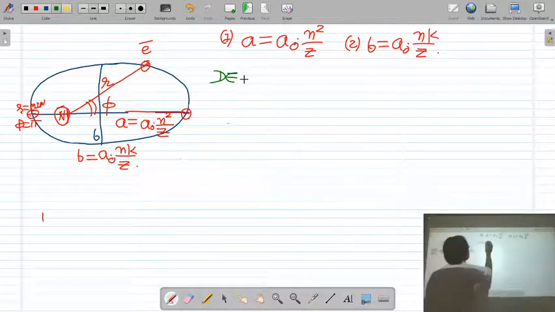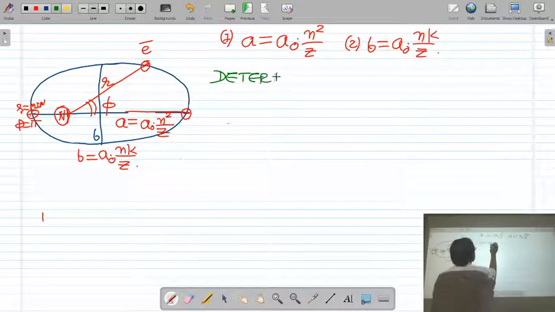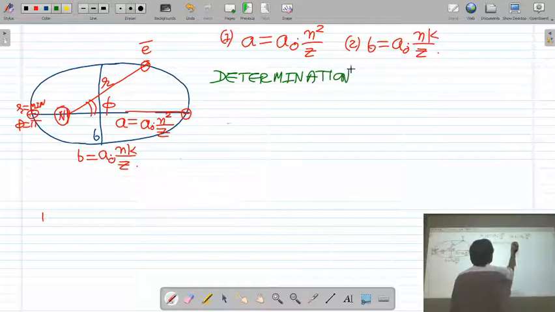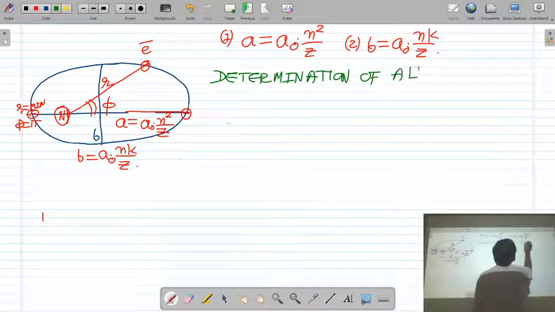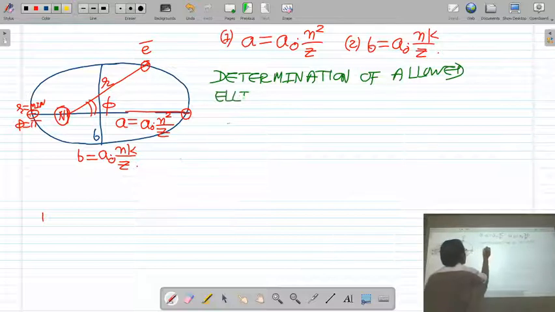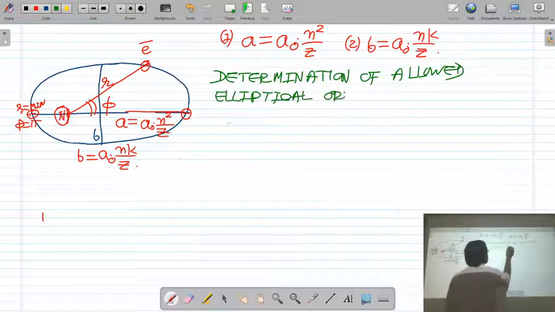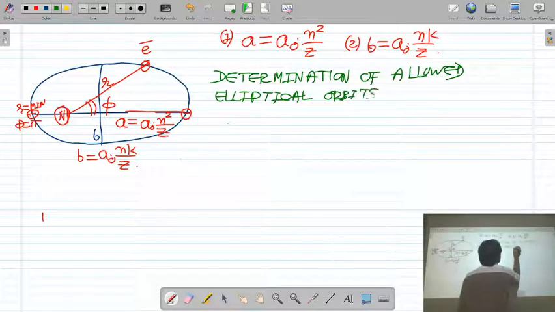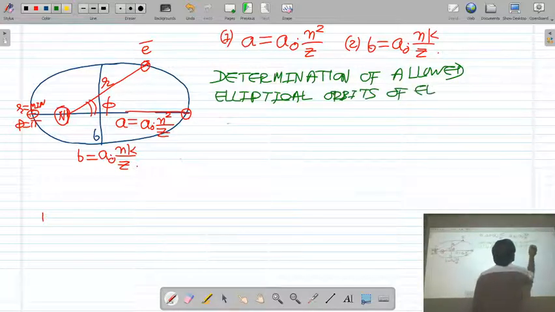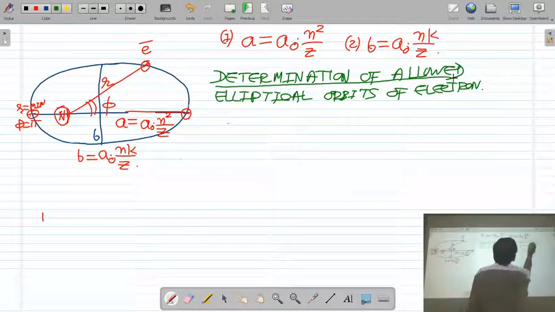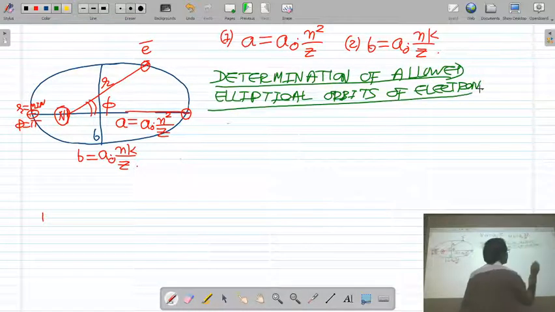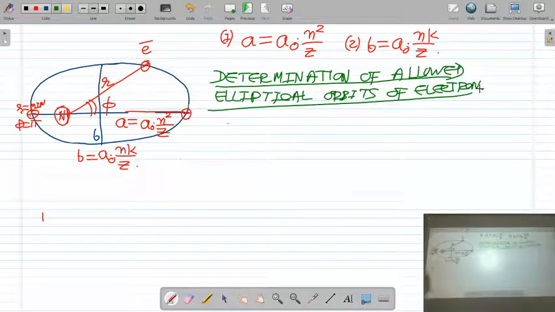This is the last step, determination of the allowed elliptical orbits of the electron. So let us determine the allowed elliptical orbits of the electron.